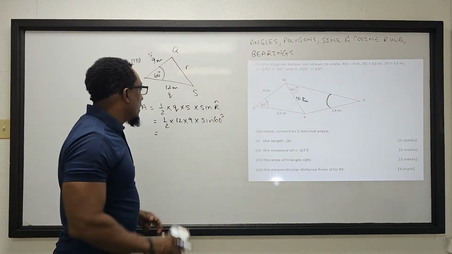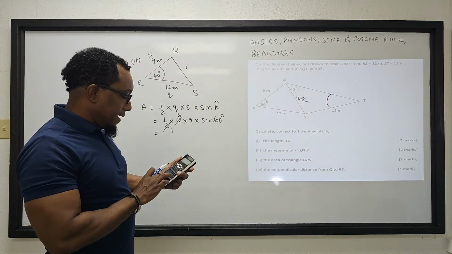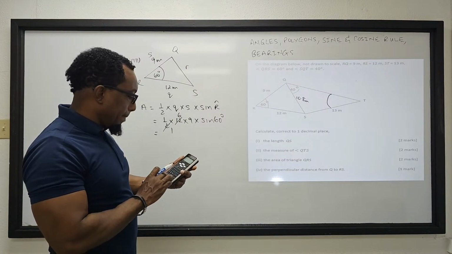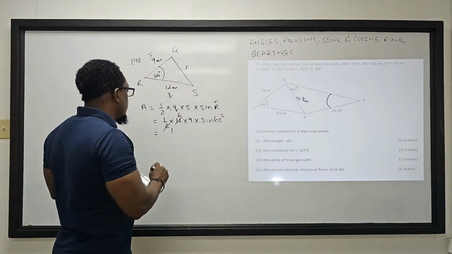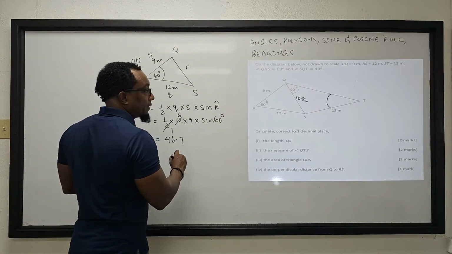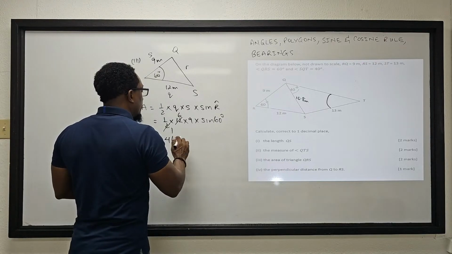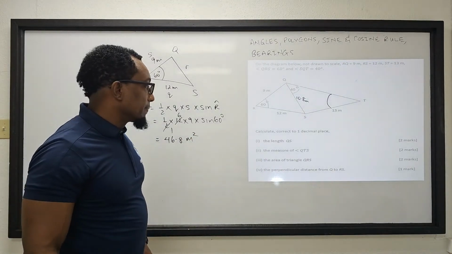So that's what? 2 to the 2, 1, 2 to the 12, 6. That's 6 by 9 by sine 60. Right, 46.8 meters squared to one decimal place is the area of that triangle QRS.